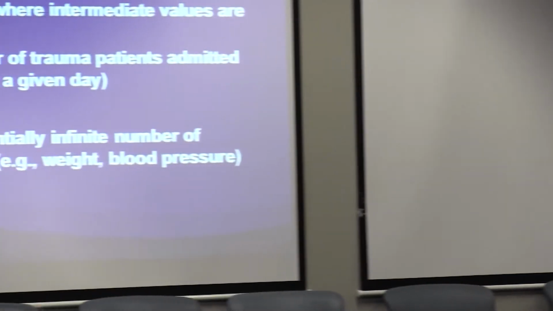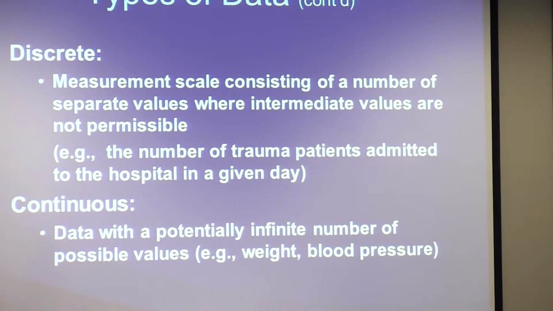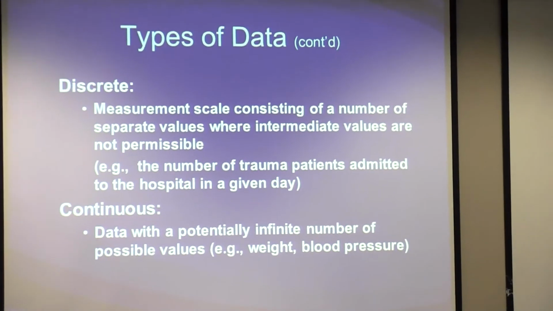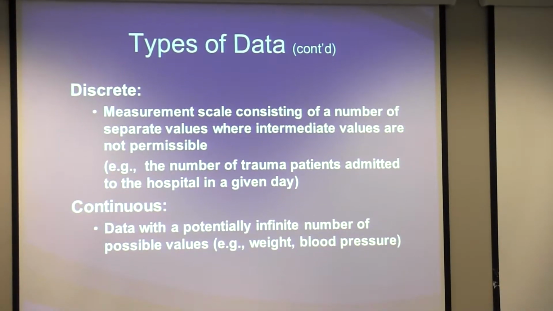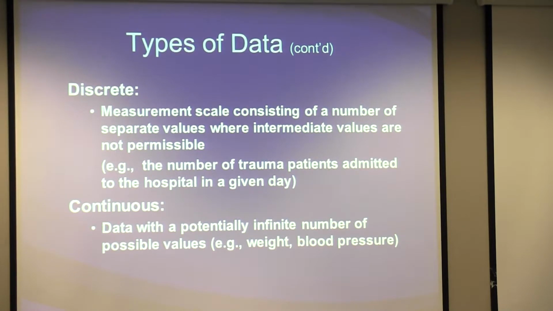Then under continuous data, I would break that out into two categories, where discrete, or what you could also consider interval data, is best thought of as count data. It's numeric data, but there are specific values and there aren't values in between.